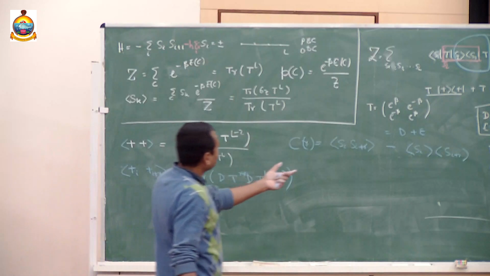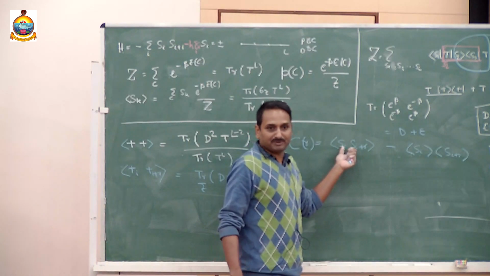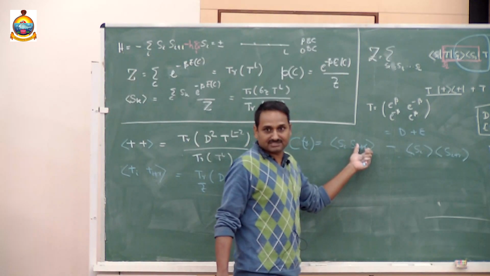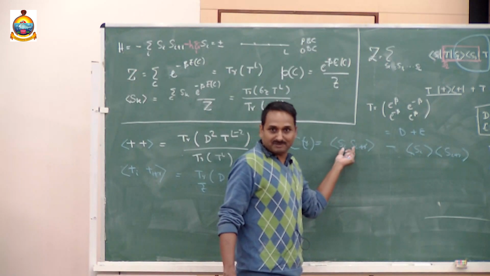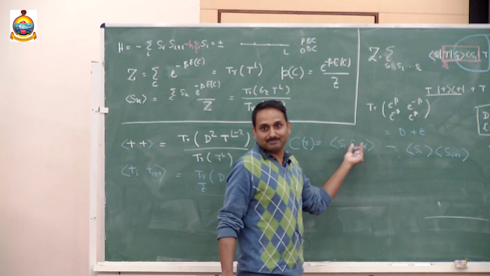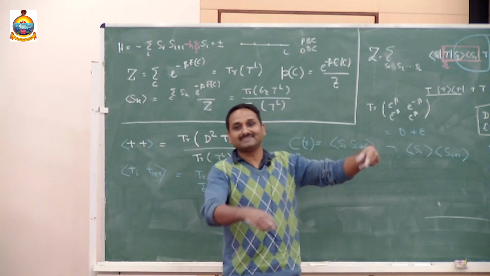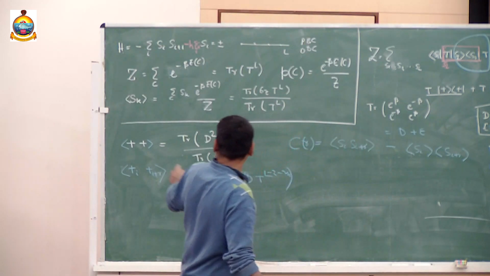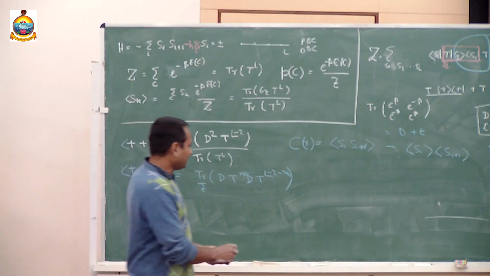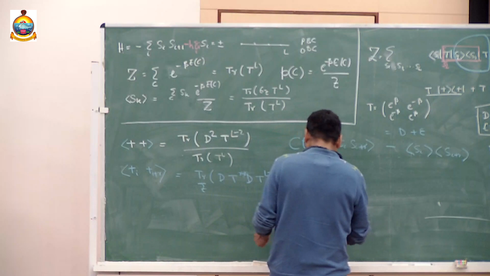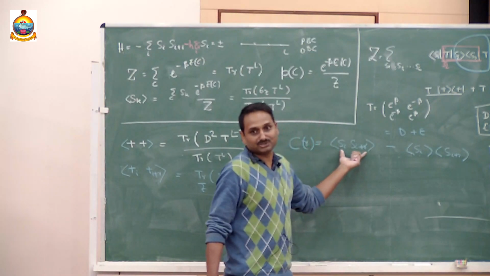Now, if you want to calculate this one, S_i can be plus or minus, and this can be plus or minus. If you make a product, plus plus and minus minus probabilities come with a plus sign, and the other two with a minus sign. Each of them you can calculate. For simplicity, I will take only one, just plus plus.